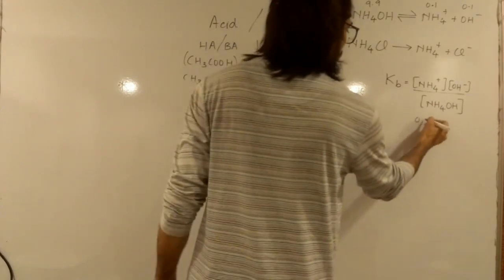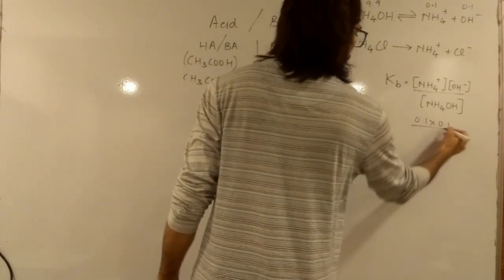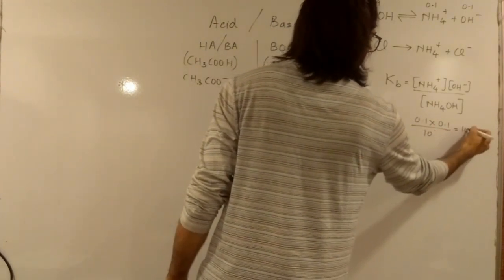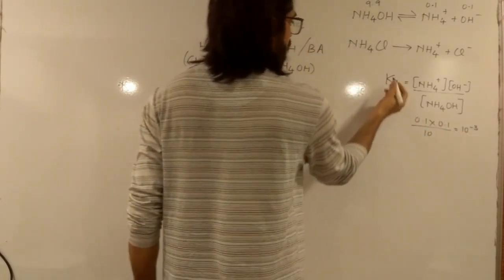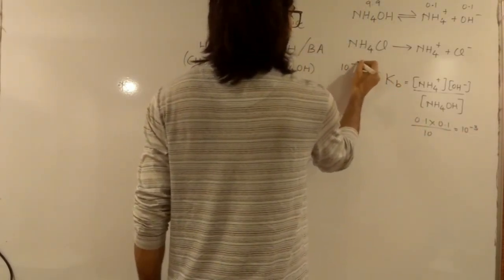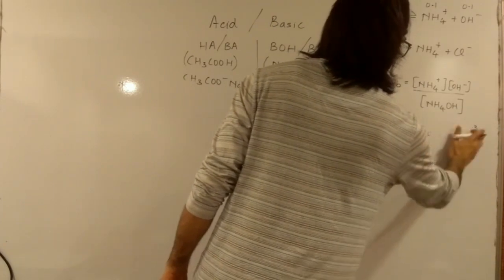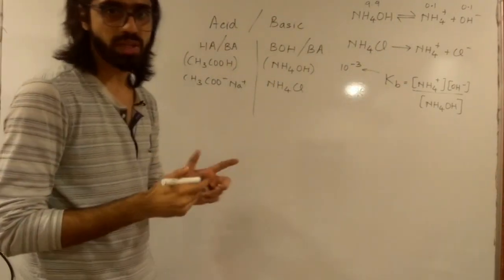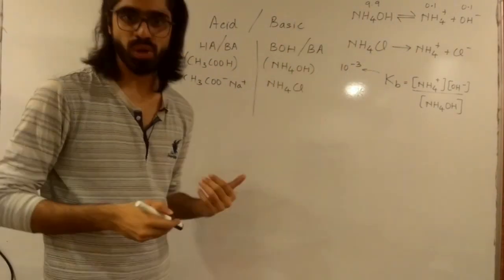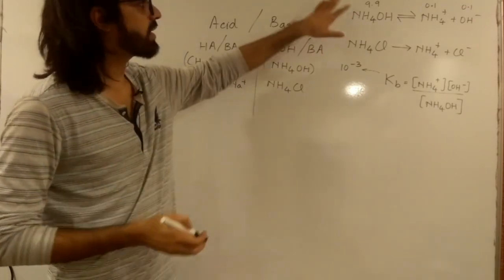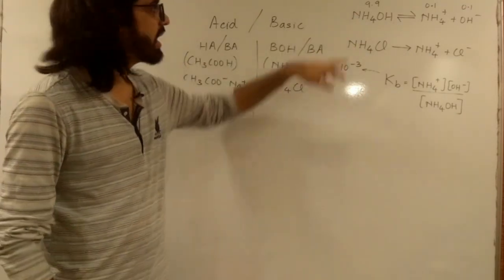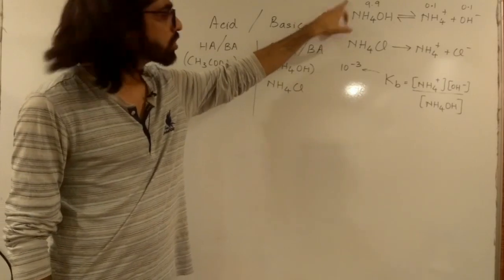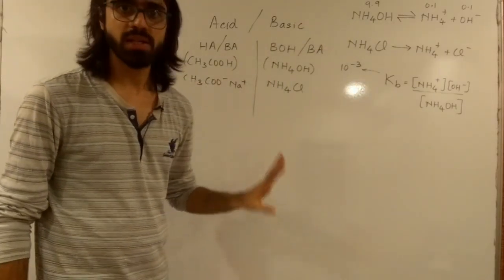So we have 0.1 into 0.1 upon 10, that is 10 power minus 3 as the value of Kb for NH4OH. So keep in mind this value, which is 10 power minus 3. In reality, it's not 10 power minus 3, it's I guess much smaller than this. But for now, just to understand the concept, I am taking some numbers at random.